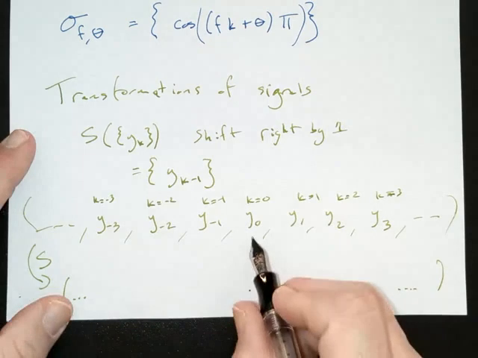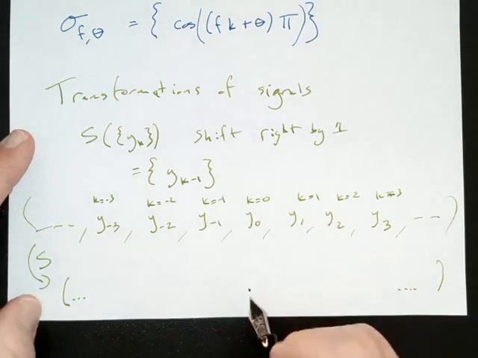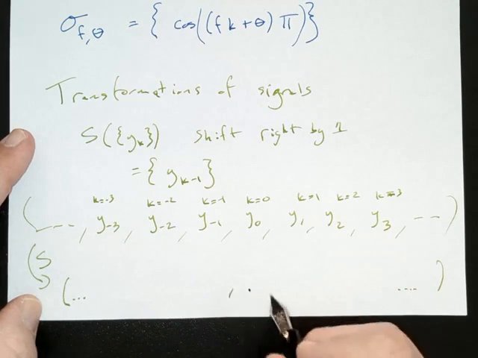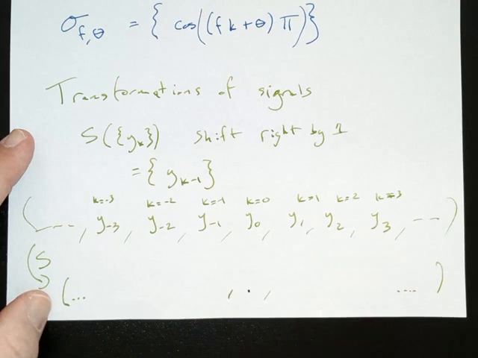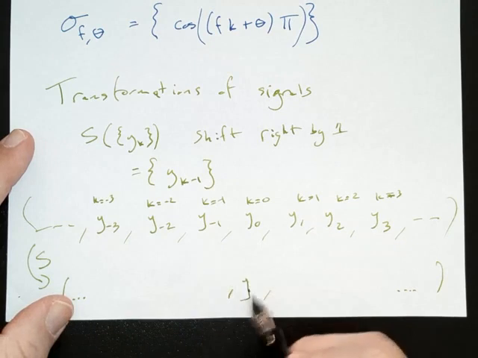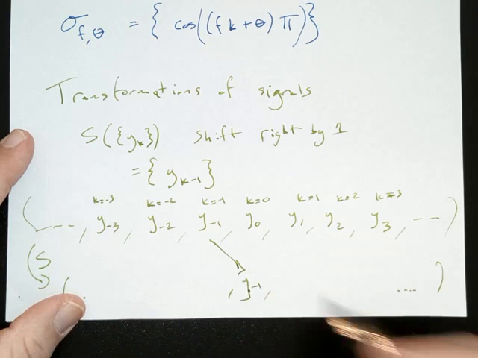So here, that's K equals 0. What thing should go where that dot is? This item. See how we shifted it to the right?